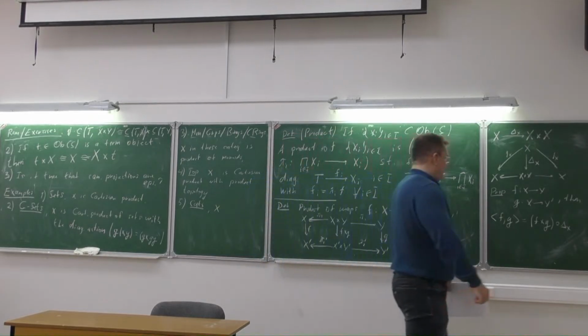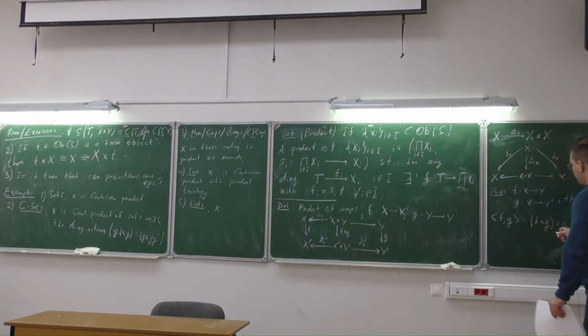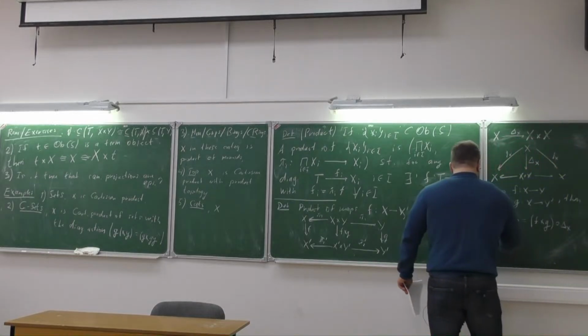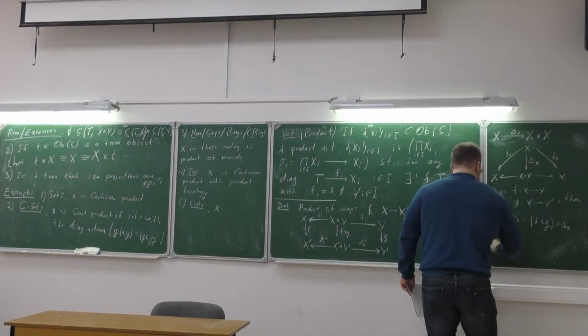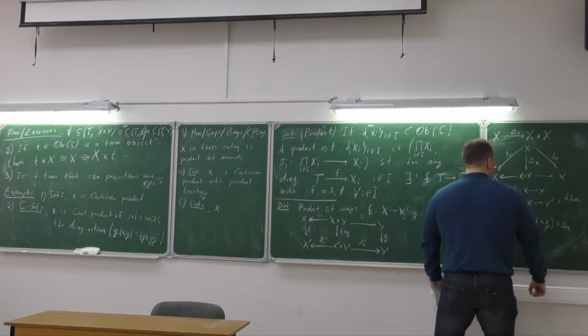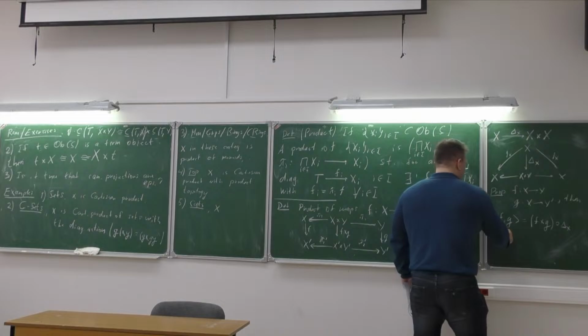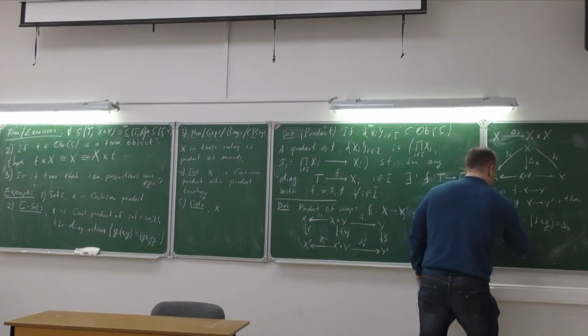So knowing the product of two maps, you can recover this map, which was part of the definition of the product, using the composition with the diagonal. I want to postpone this proof until the seminar. I think it's not very hard, and you can learn by doing this proof by yourself. So, exercise.